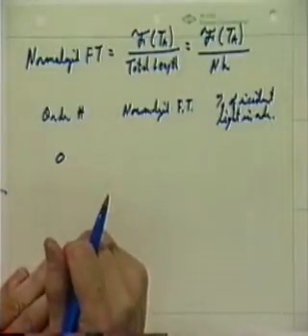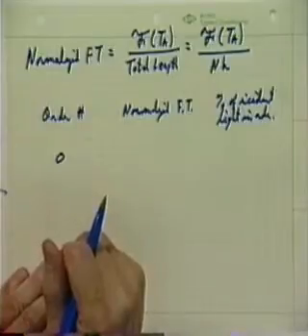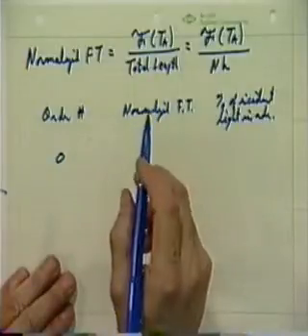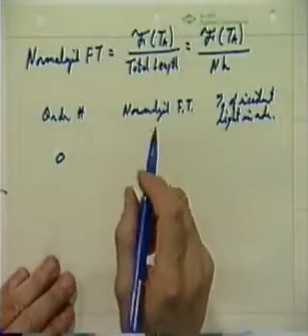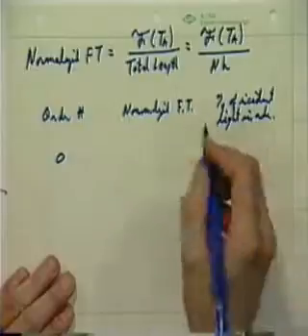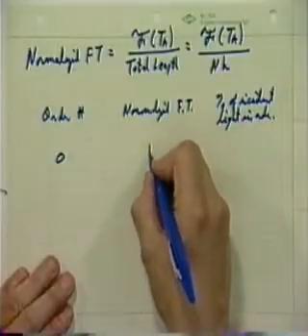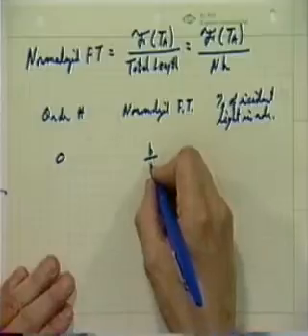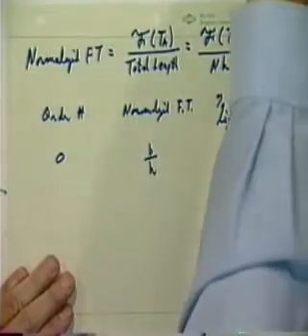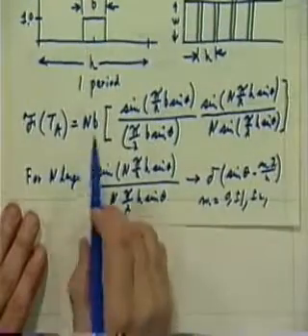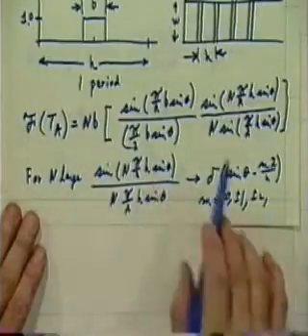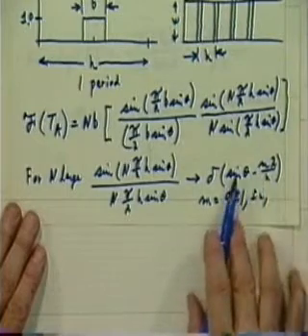And so we go back here, we will get then that the amount of light in that order is just going to be B over H. I mean, a normalized Fourier transform is just B over H. So that's just going back to taking this, normalizing it, so we're multiplying by n times h, and putting in that the order number m is equal to 0, so sine theta is equal to 0.